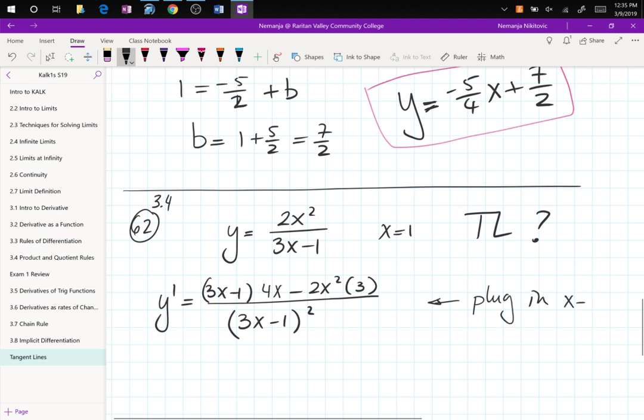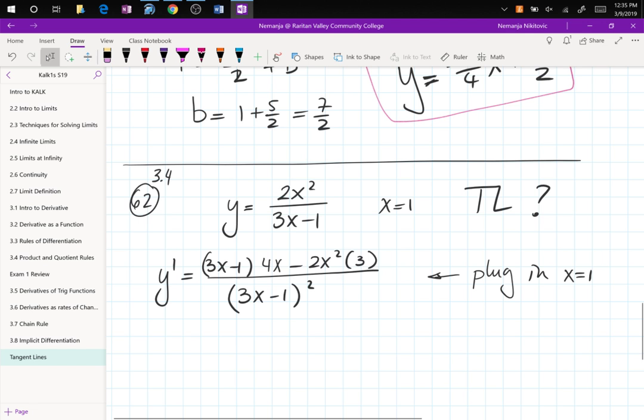Plug in x equals 1. So m equals, as soon as you plug in x, your derivative, whether it's y prime or dy dx, turns into m.